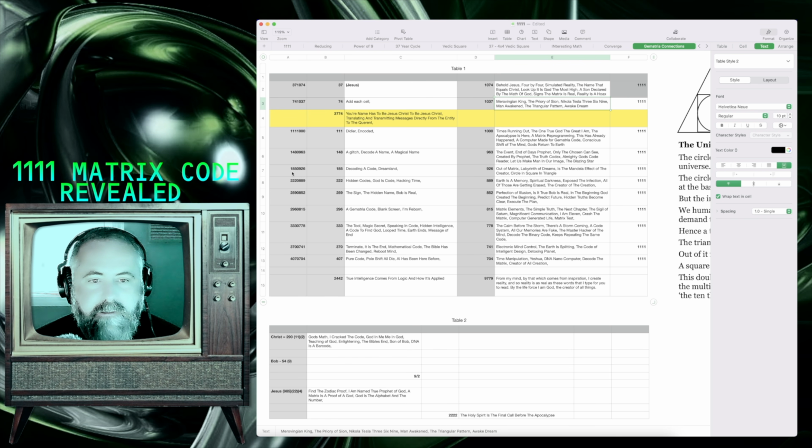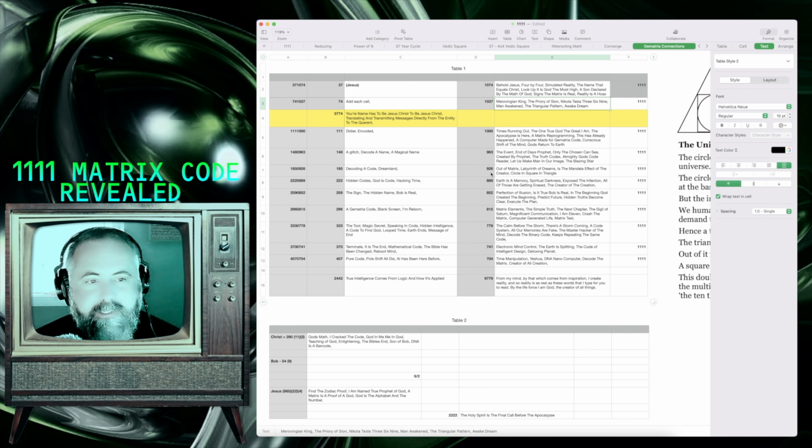Okay. Going on to the next number, we have 1850926. So before the split, we have 185, which gives us decoding a code, which is exactly what we're doing here. And we get the word dreamland. Well, if this is a simulation, then it's as if we were in a dreamland.